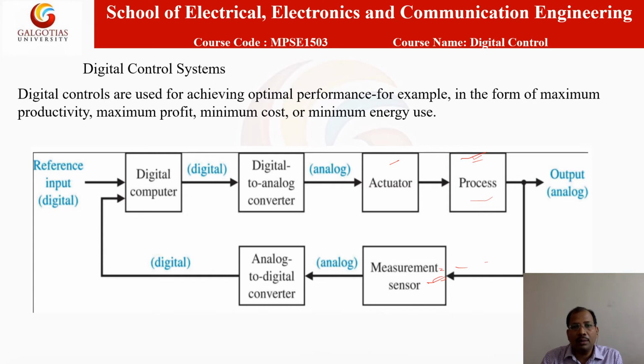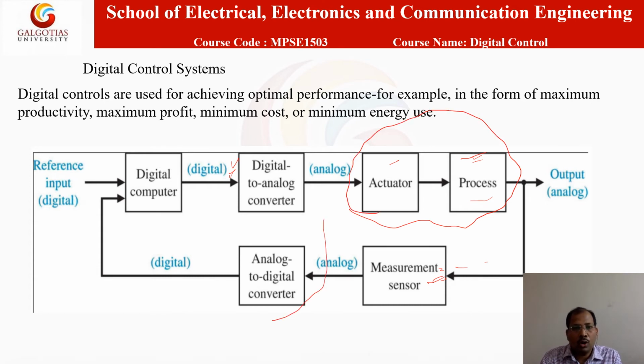The digital computer gives the output signal in digital form, and this digital form is then converted into analog using the DAC converter. Then it is applied to the actuator.